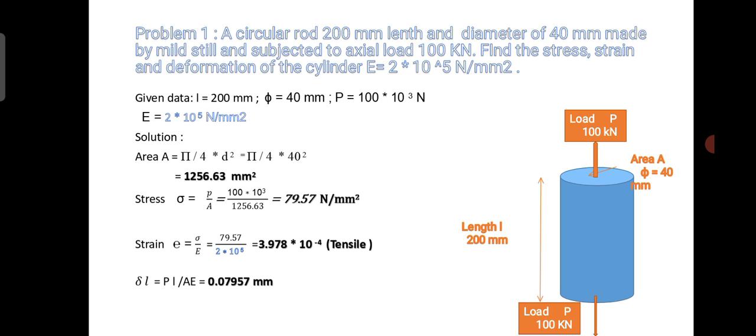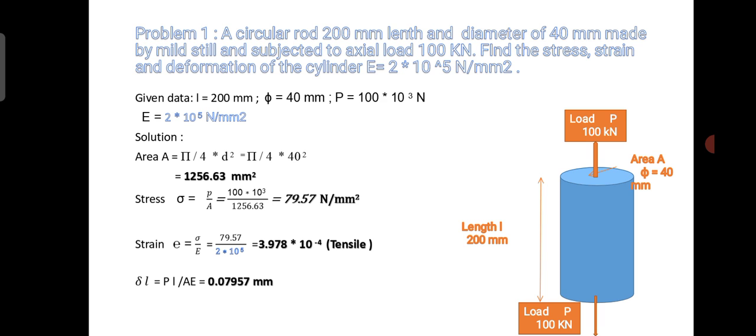So 100 kilonewton means 100 into 10 raised to 3 Newton, and E is given as 2 into 10 raised to 5 Newton per square mm. In every problem we have to convert into the Newton and mm format. If you have kilonewton and the other things in Newton per mm square or mm, then whatever calculations you have done may be wrong.